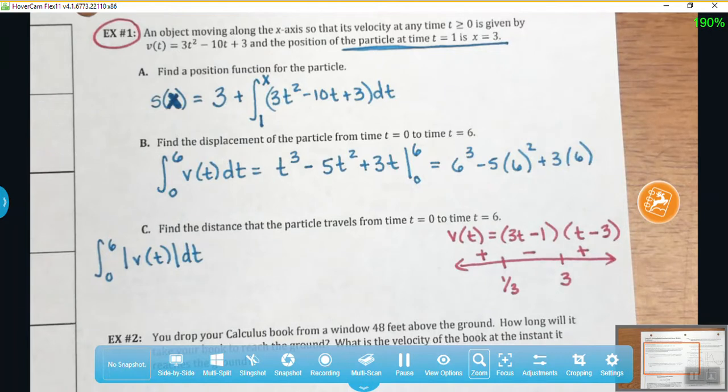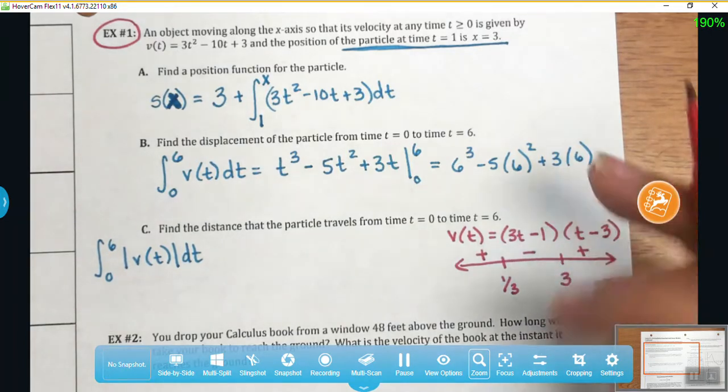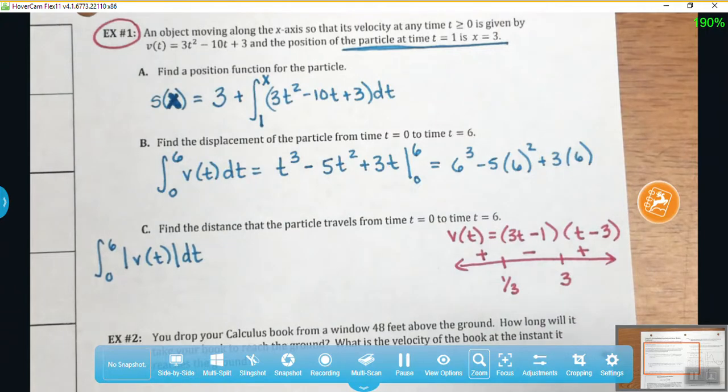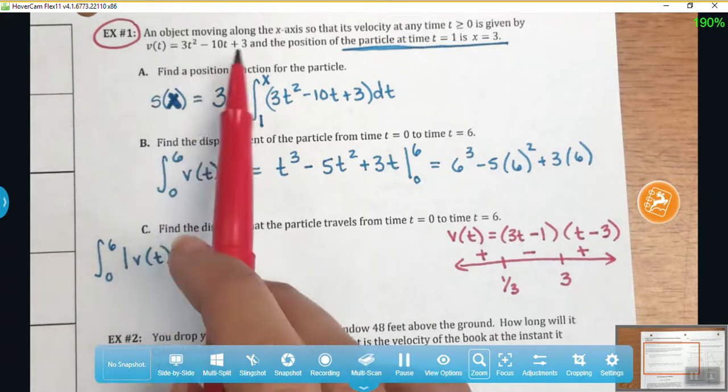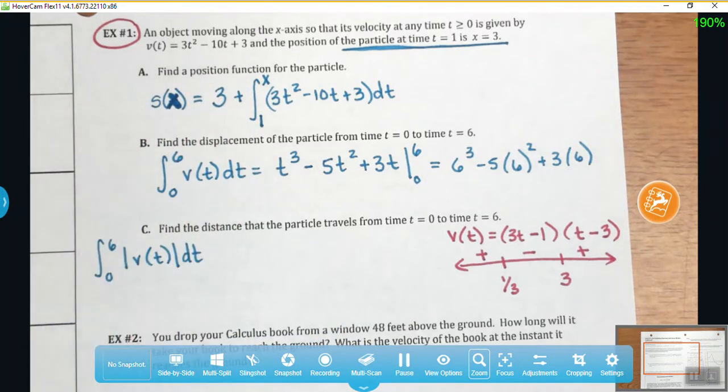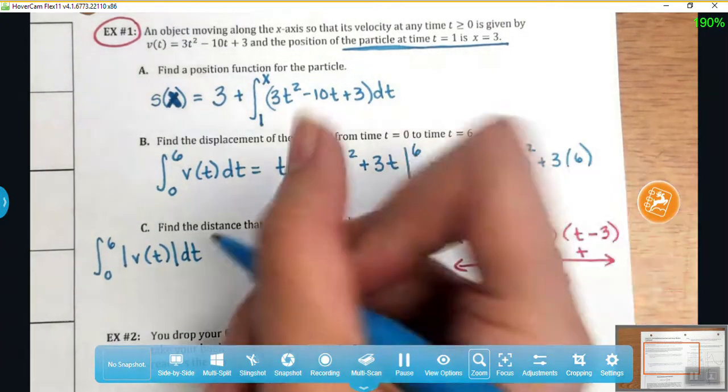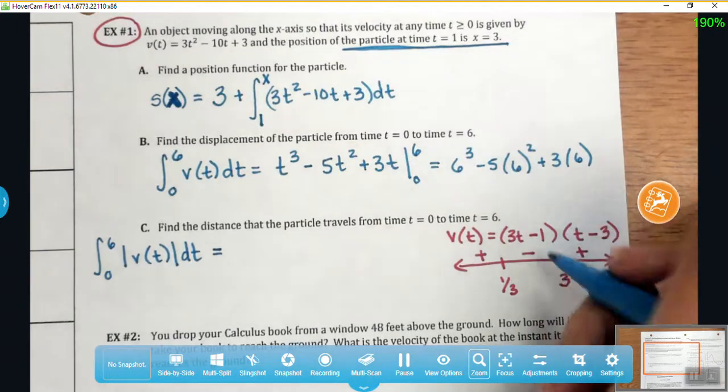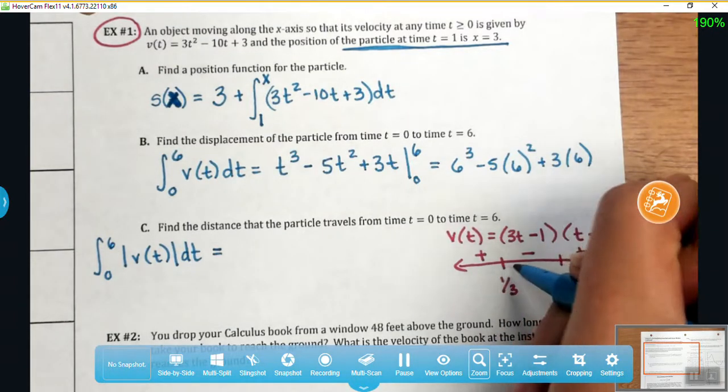Okay, so here's the problem. I've got this negative velocity, but I've got to make it positive to integrate it, right? Now, if you have a calculator, very easy. Just go integral 0 to 6, absolute value, and then plug in this velocity, and it does it all for you. But if you don't have a calculator and you have to do it by hand, then you have to separate it into 3 parts.